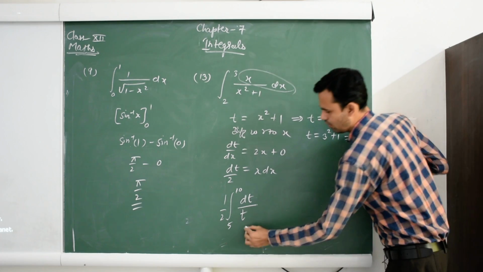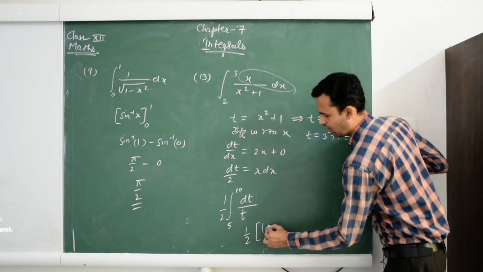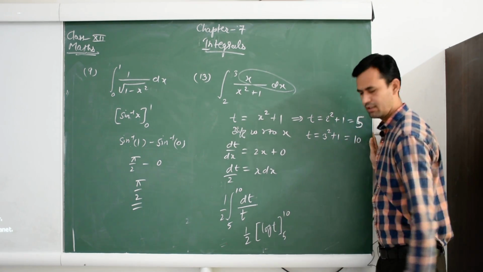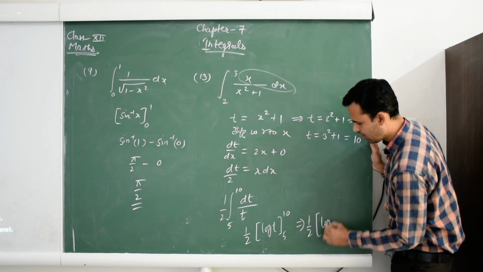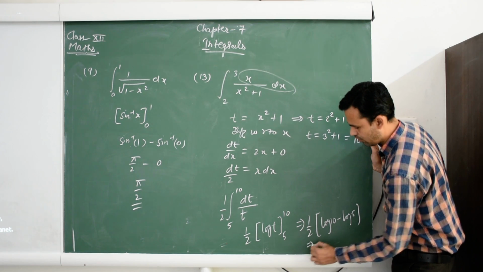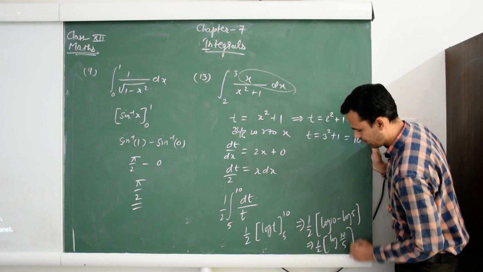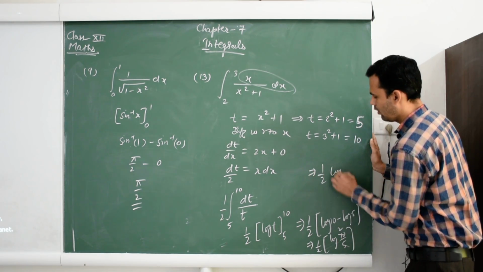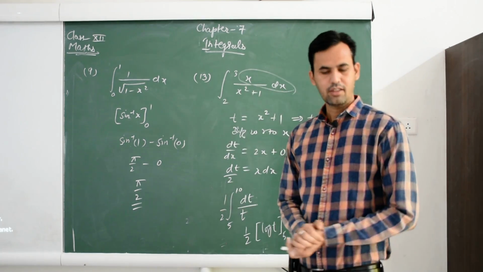We know that integration of dt by t is log t, with limit 5 to 10. First we put the upper limit: log 10 minus log 5, or we write it as log 10 upon 5. So the answer will be 1 by 2 log 2. This is the answer of question number 13.